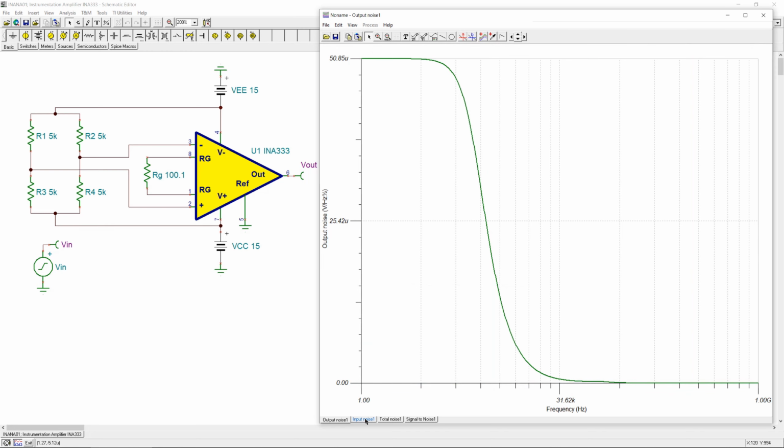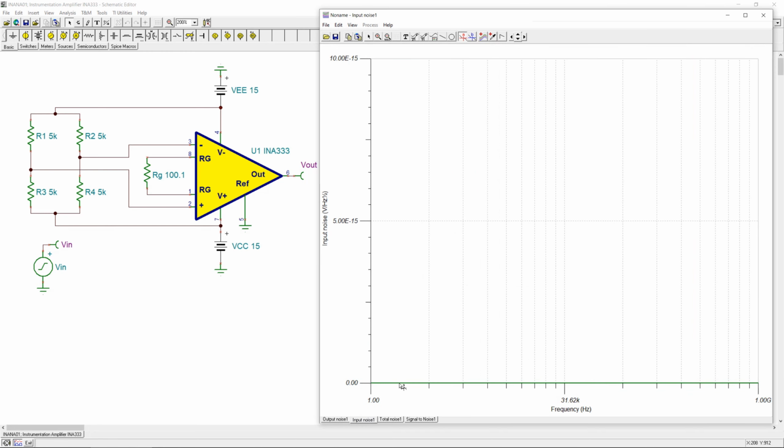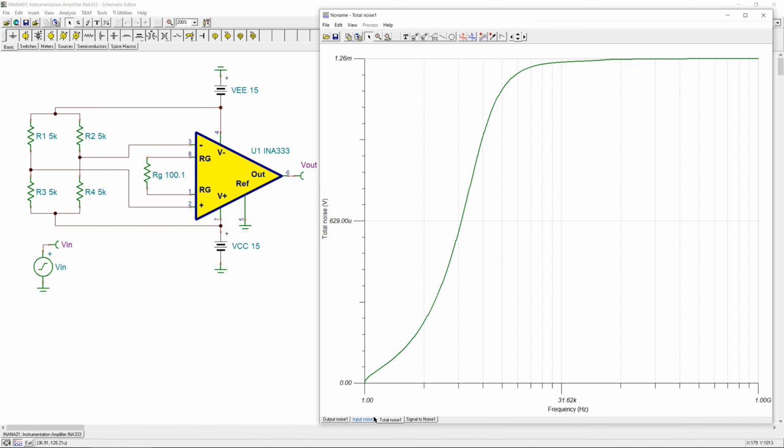Now, if I go to the input noise voltage spectral density at the input, you can see it is perfectly fine 0. Why? Because this is just the source. It is grounded in both places, so it is just 0. If I also look at the total noise voltage in RMS at the output, again my cursor, it starts at 0 and then increases and approaches a value settling at 1.26 millivolts RMS.